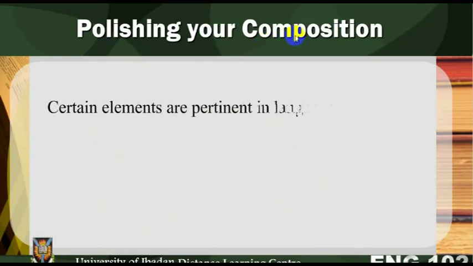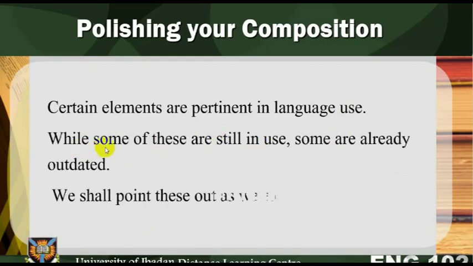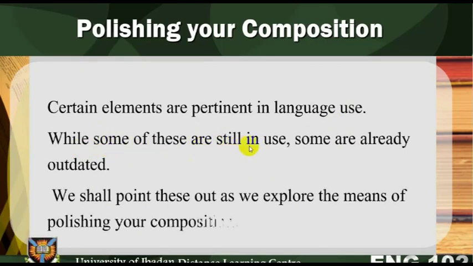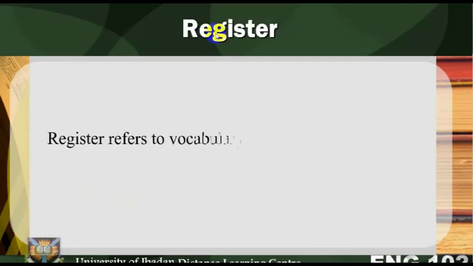Polishing your composition. Certain elements are pertinent in language use. While some of these are still in use, some are already outdated. We shall point this out as we explore the means of polishing your composition. Register.